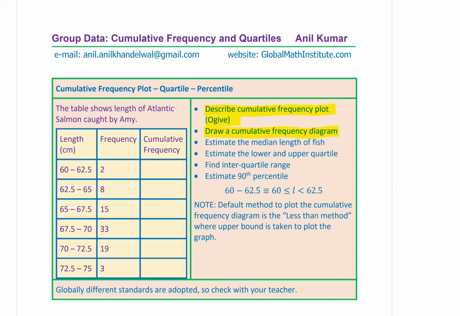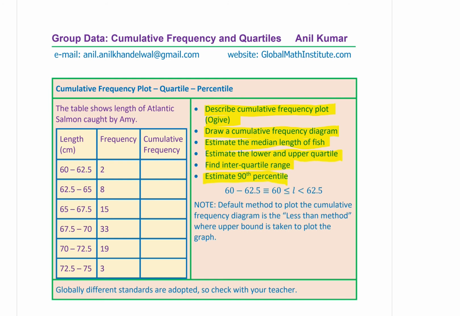Now, from the graph, we are going to estimate the median length of fish. We'll estimate the lower and the upper quartiles. The lower quartile is Q1, the upper one is Q3, first or third. We'll find the interquartile range. We'll answer questions like estimate the 90th percentile.